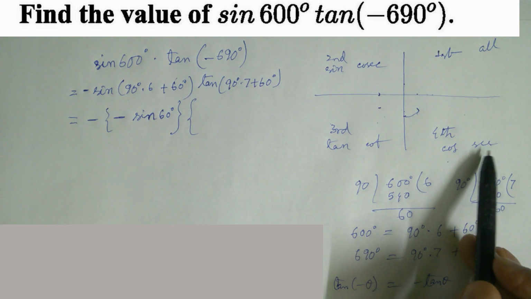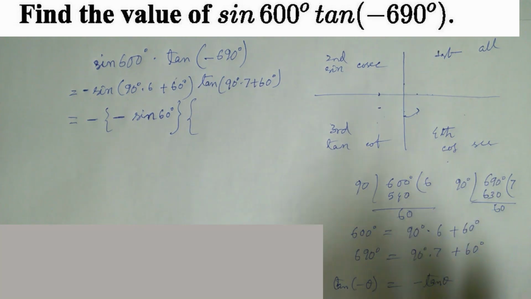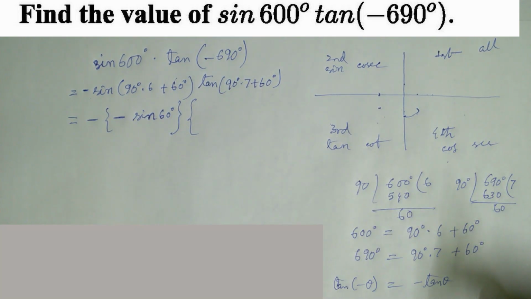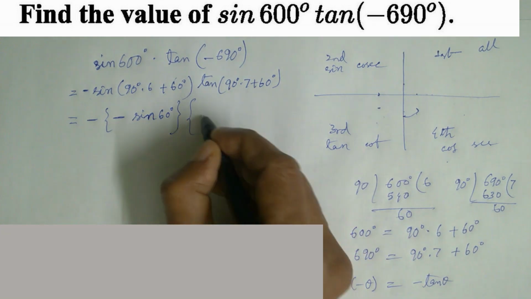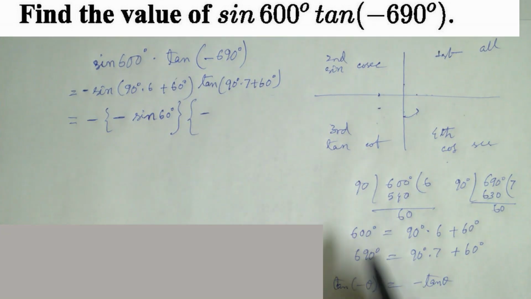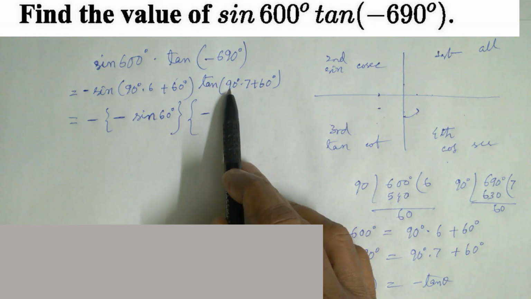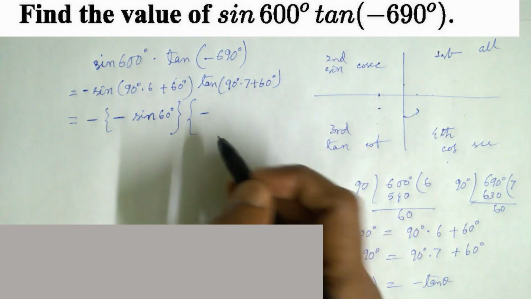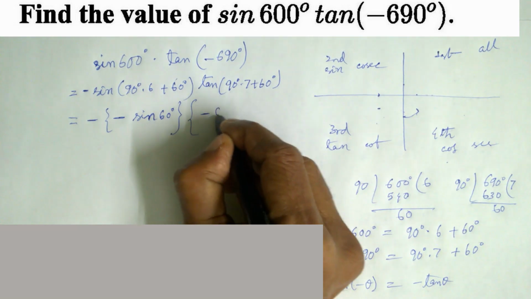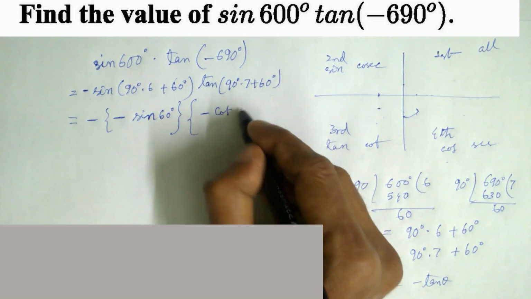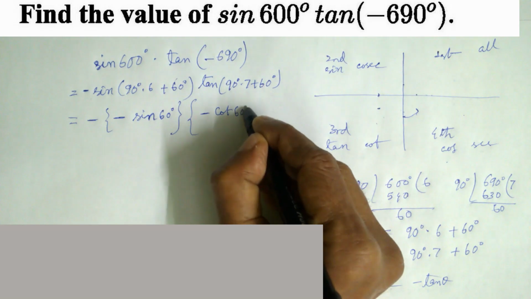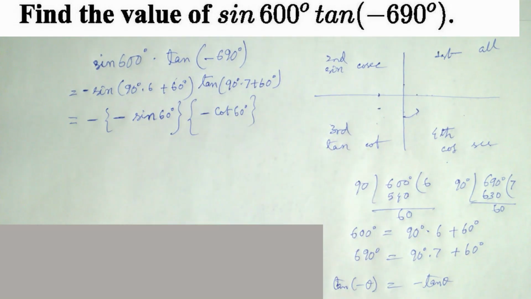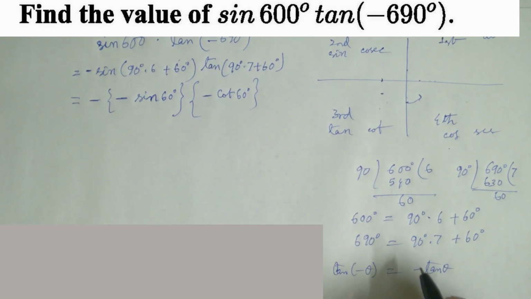Only cos and sec are positive, others negative, so tan will have a negative symbol. Odd multiple of 90, so tan will become cot, and so on. So cot 60 degree.